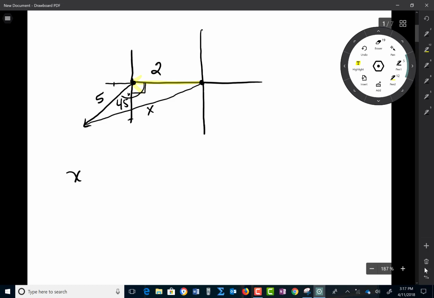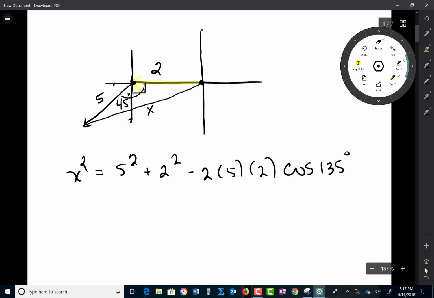And I just said x squared is equal to my 5 squared plus my 2 squared minus 2 times 5 times 2 times cosine of 135, because 90 plus 45 is 135 degrees. And remember, that's your law of cosines. So I got that x was approximately 6.568. So that's this right here.